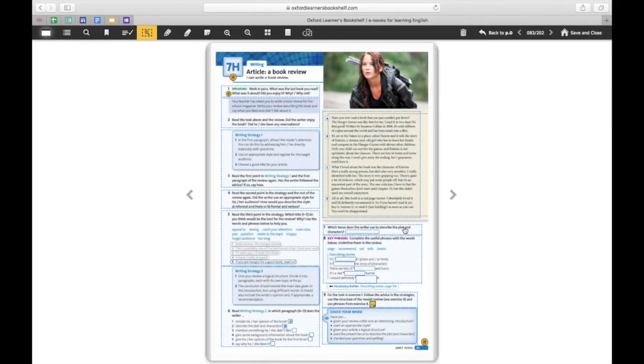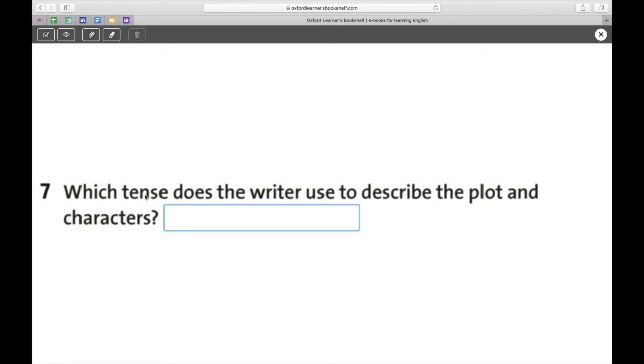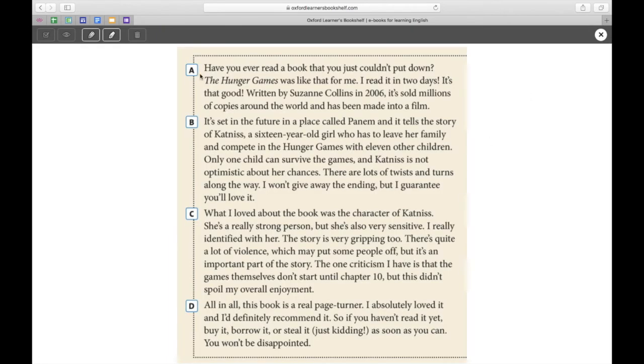Okay. Exercise 7. Which tense does the writer use to describe the plot and the characters? Okay, now let's look at the review again. Have you ever read? This is present perfect. It was like that for me. I read it in 2 days. It's that good. Written by Susan Collins. It's sold millions of copies. It's sad. Tells the story.